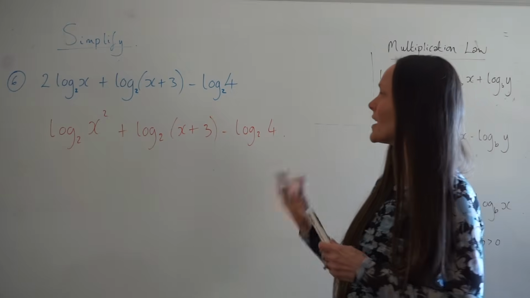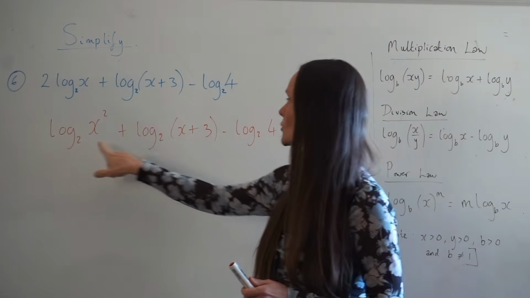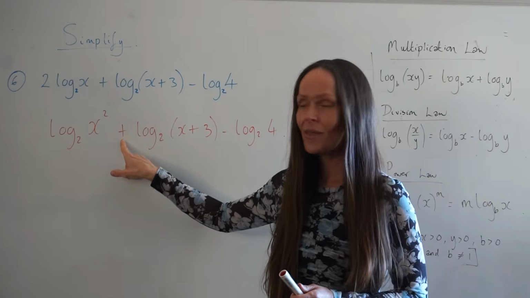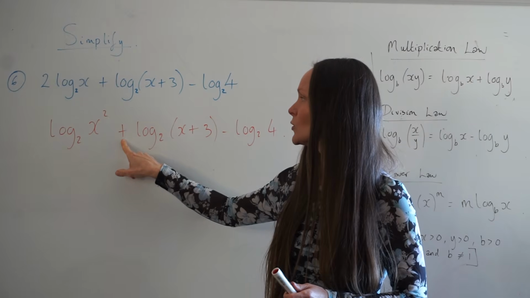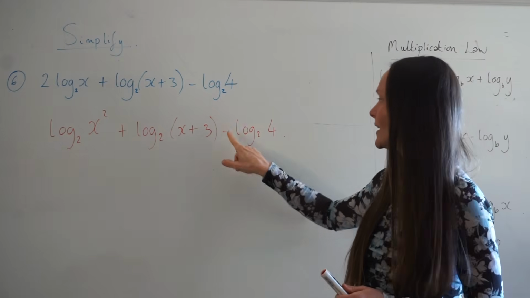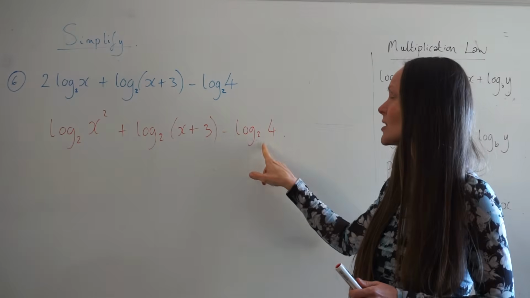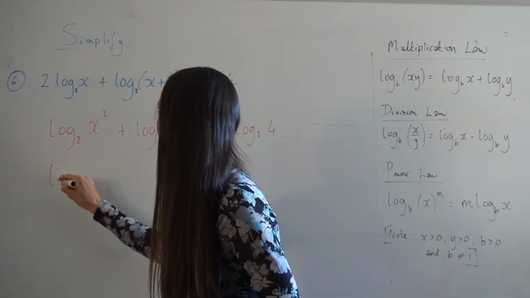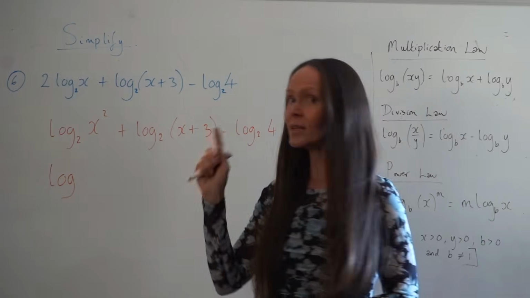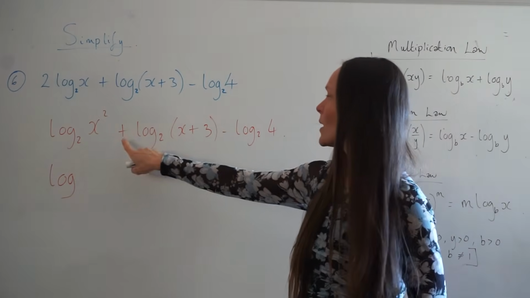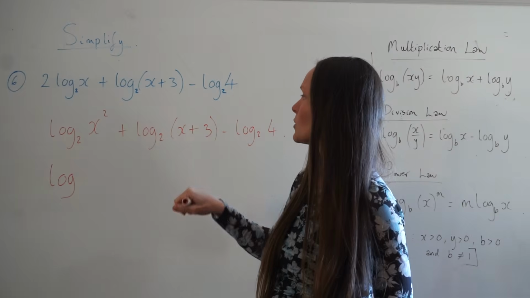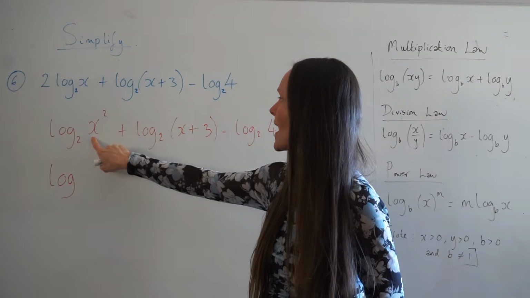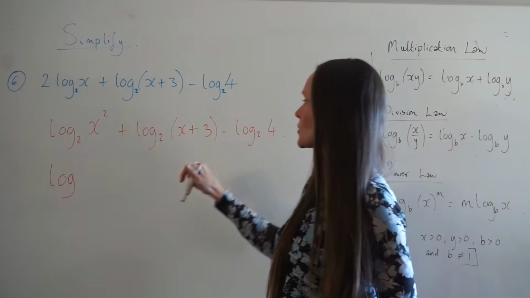Now for the next step, I can see that these two logarithms are being added together, so I know I need to use the multiplication rule, and here I'm subtracting, which means the division rule. If I rewrite those logarithms as one single log, remember the ones that you're adding together, you need to multiply. So we're multiplying x squared with x plus 3.